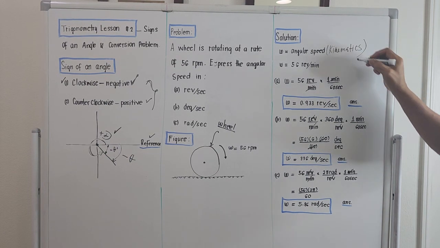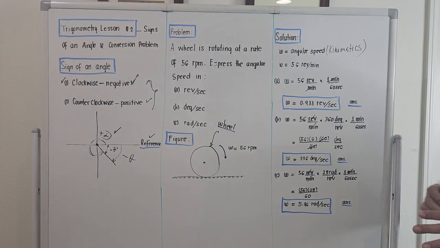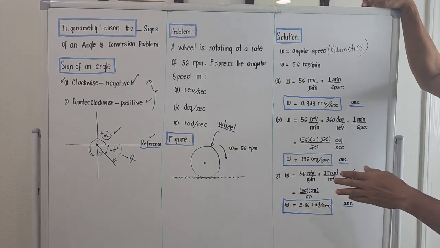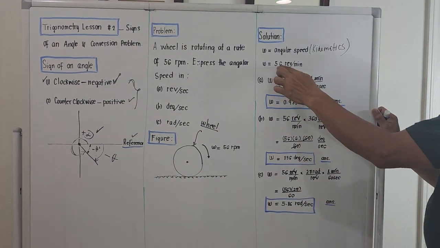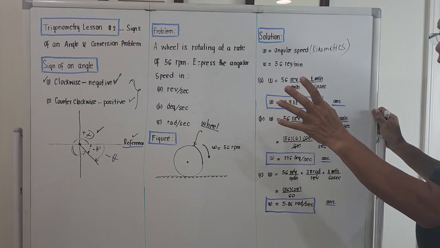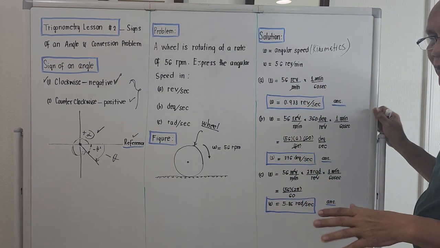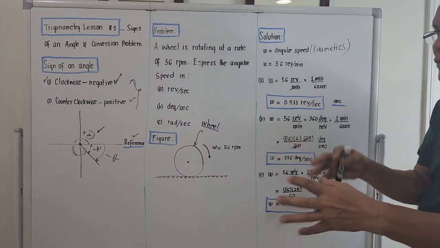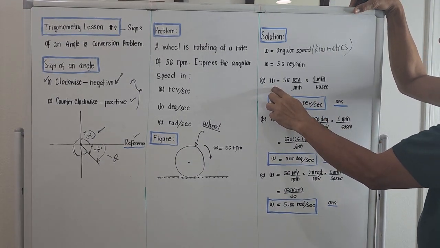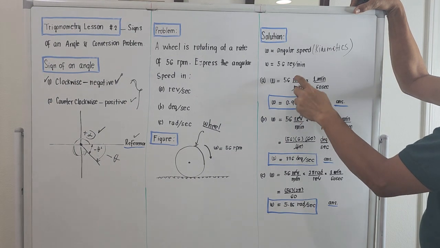Kinematics is just a study of the so-called speed of revolving parts in a machine, right? And for the given problem, omega is actually 56 revolutions per minute. Okay? I will now try to bring out the proper way on how to convert under the study of engineering, right? Letter A, omega. The given problem, it is 56 revolutions per minute.